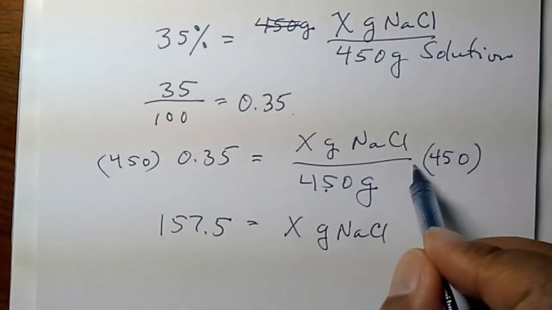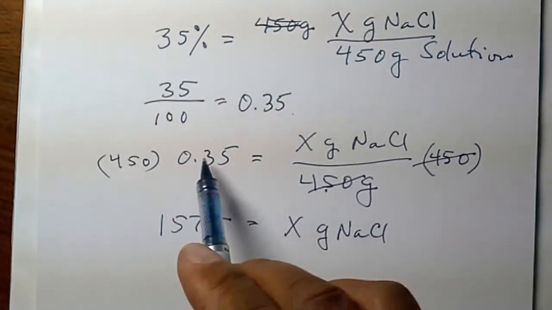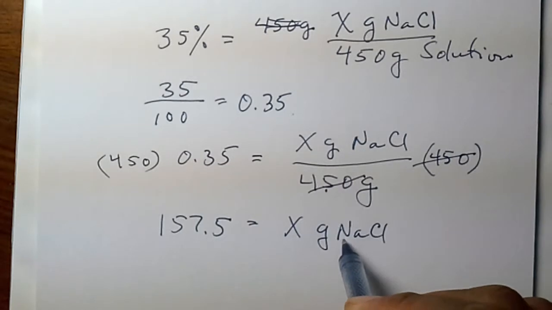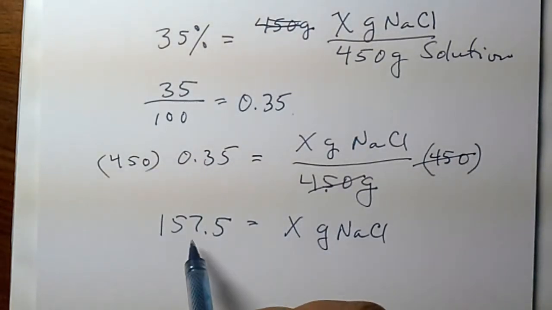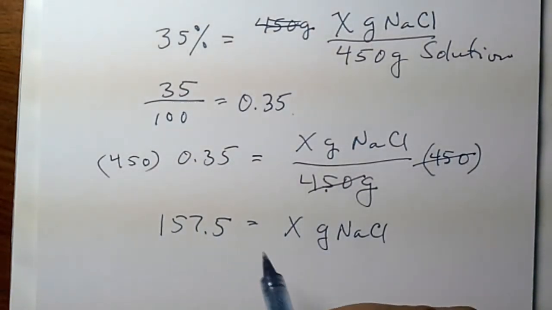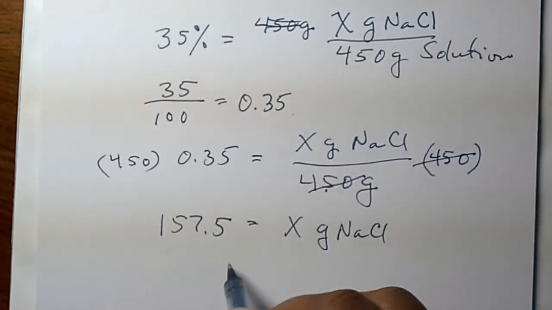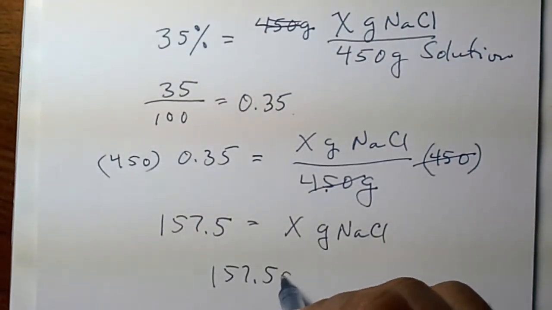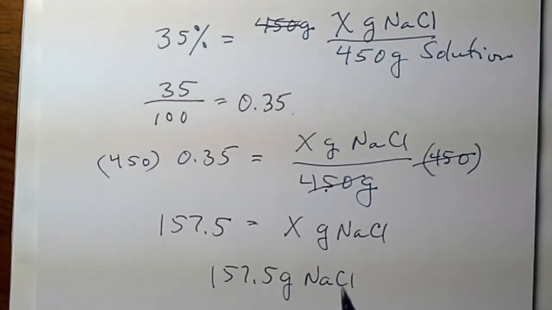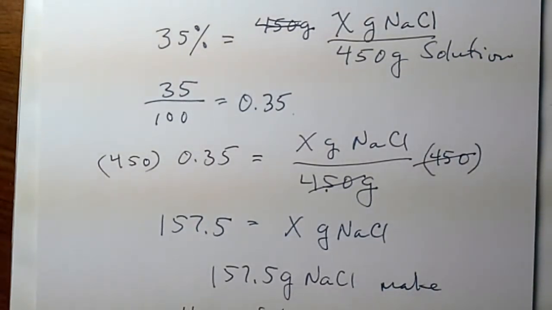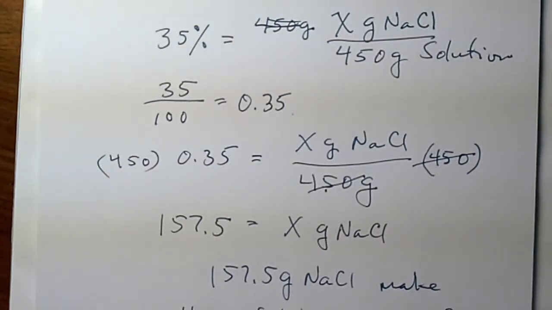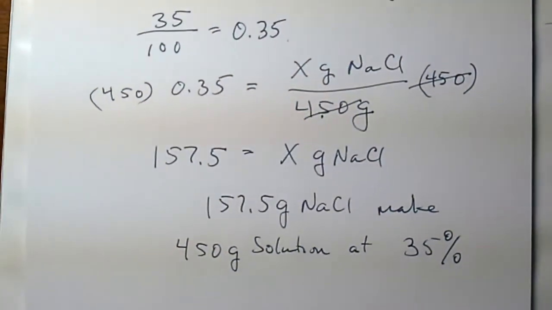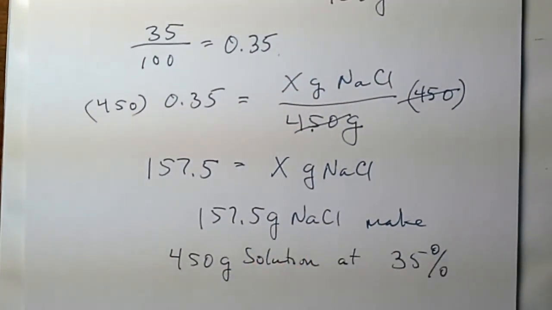Okay, remember these cancel each other out. We multiply this, and X is equal to 157.5. And so 157.5 grams of sodium chloride make a 450 gram solution at 35%. There you go.